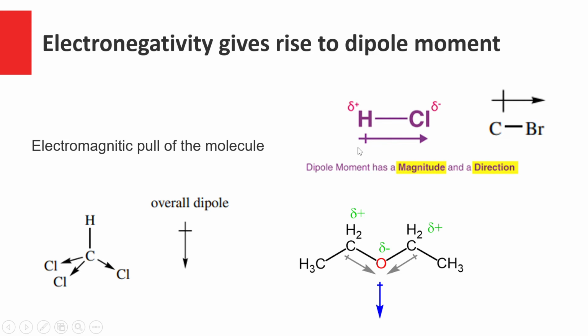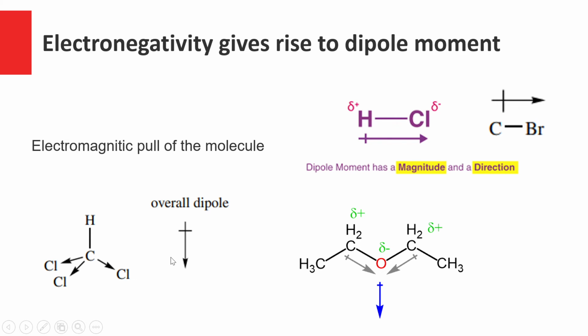So the arrow points towards the more electronegative atom. So in bromomethane, what is shown here further to the right, the bromide is the more electronegative, and so the arrow of the arrow and cross is pointed towards the bromine. So the electrons are closer to the bromine than they are to the carbon.